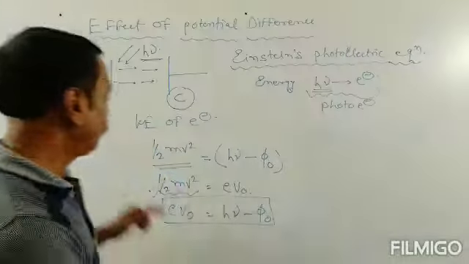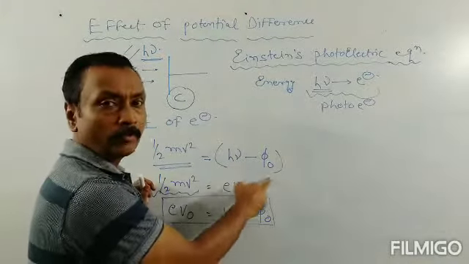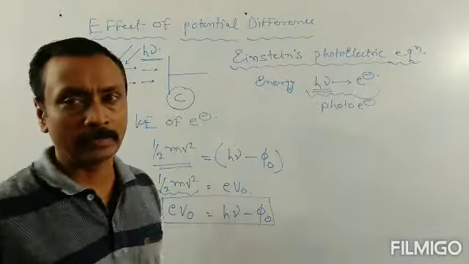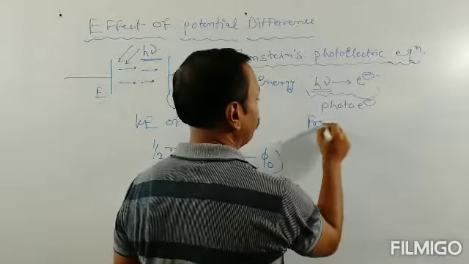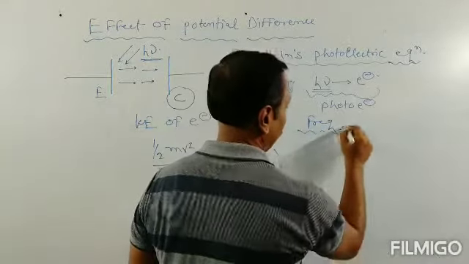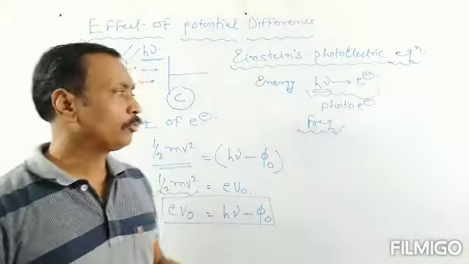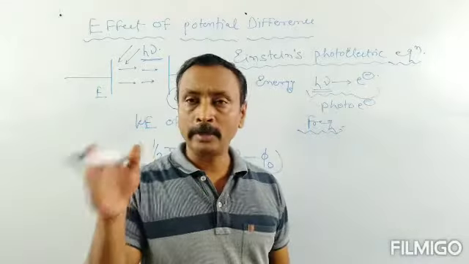Now, from this equation, one half mv square equals h nu minus phi0, there are different cases. The first case is concerned with the frequency, the threshold frequency.